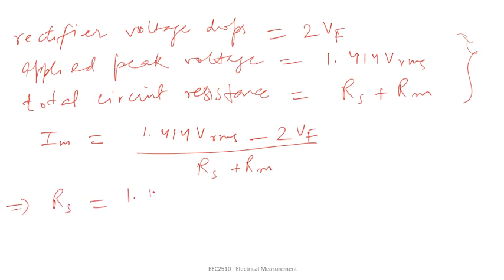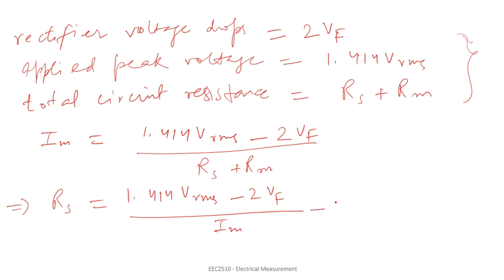Okay, so this is RS equals 1.414 VRMS minus twice of VF divided by IM, minus RM. So you just put the values in this expression.